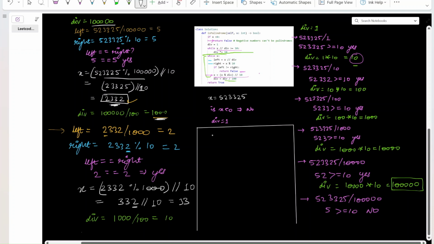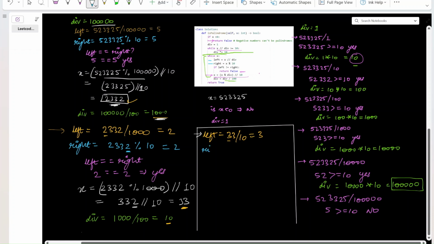I'm just going to do the last part over here. So in our next iteration, we will have left equal to the current x, which is 33, divide by div, current div is 10, so divide by 10, that is equal to 3, which is the leftmost one.